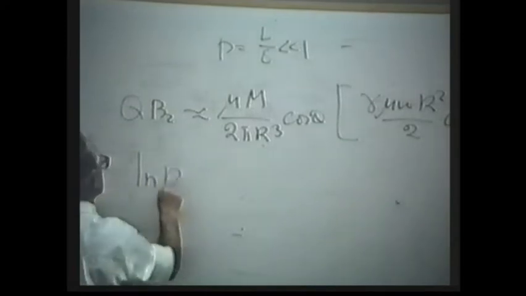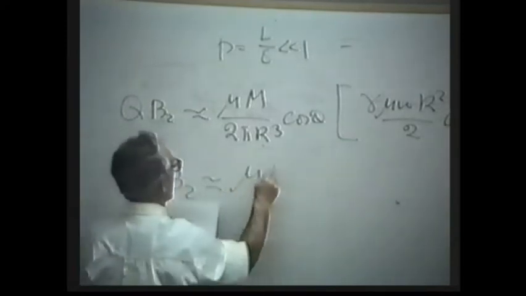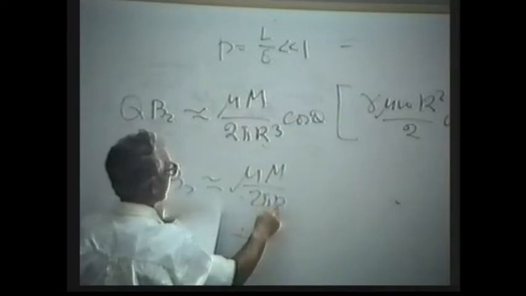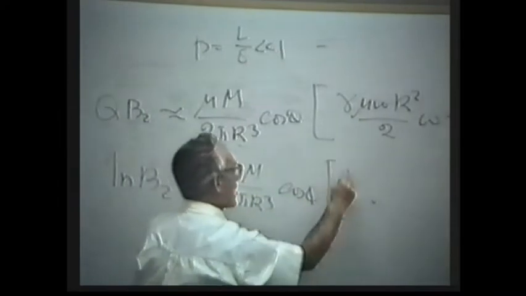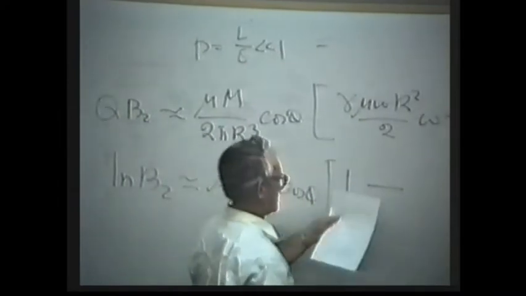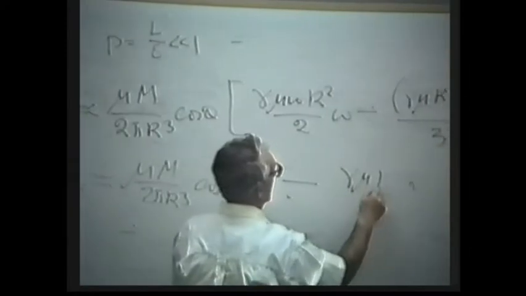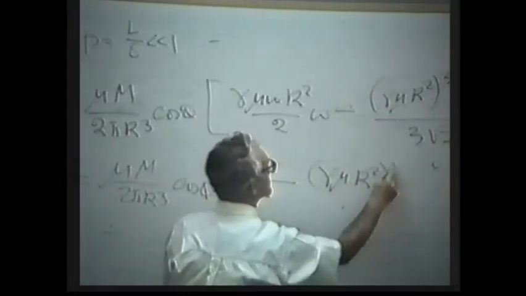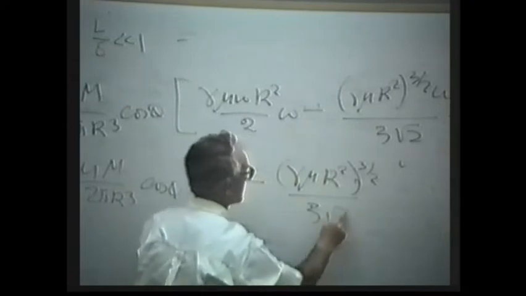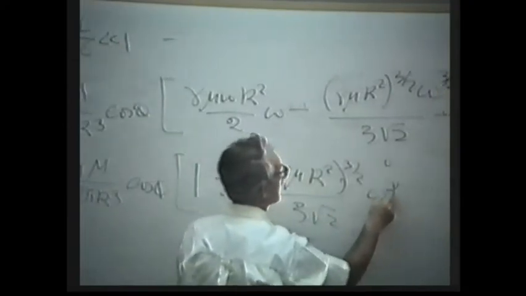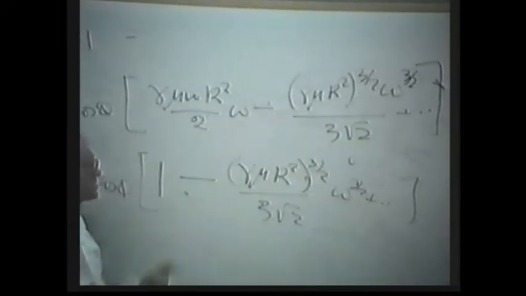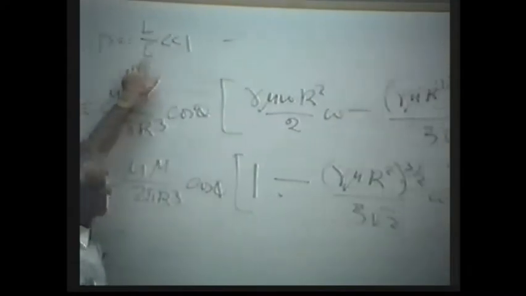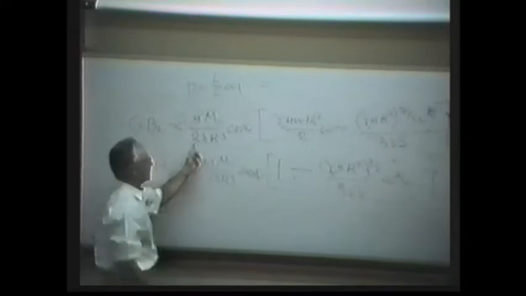We will start to discuss what is written here. Mu m over 2 pi r cubed, cosine theta, of course, but here the primary field, minus gamma mu omega r squared to the power 3/2, a simple coefficient, again omega to the 3/2, and other terms. This term is smaller than previous terms because it's a small parameter. Let us read what is here.